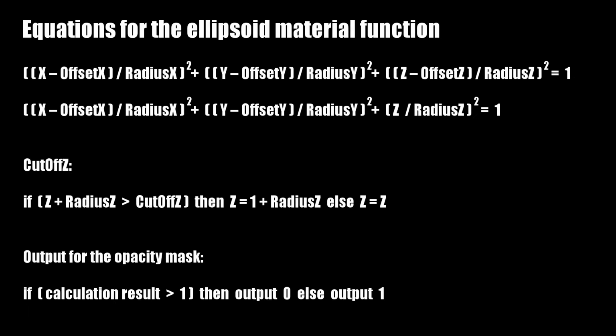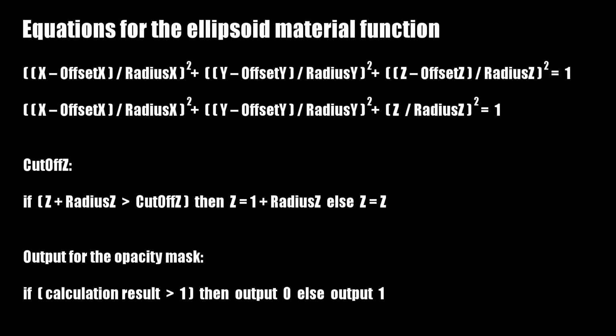What has enormous practical value for us is the ability to cut off the ellipsoid at a certain value of z. In that way we can prevent the shadow being projected onto the object. As you can see, we simply change the z value to be outside of the ellipsoid if the z value is more than the cutoff value.